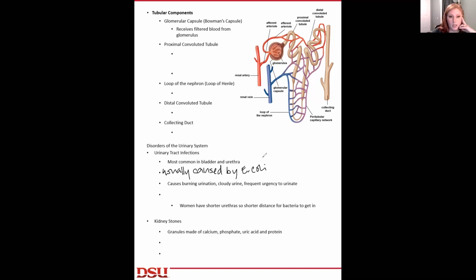And of course, now that I'm going to say the name, I can't think of it. Nope, I can't think of it. It'll come to me. There are other types of bacteria that aren't quite as common that can cause a bacterial UTI as well. That's why a lot of times with UTIs, they will send the urine off to culture to find out exactly which type of bacteria is causing it.